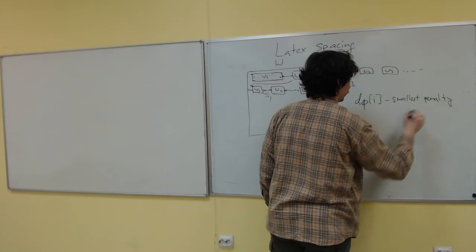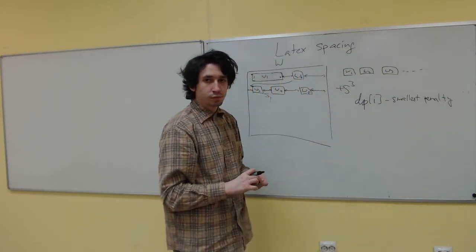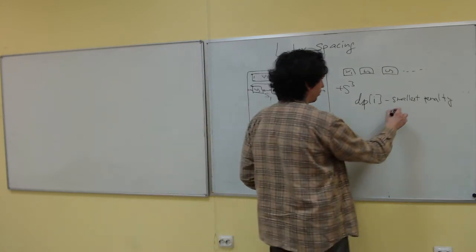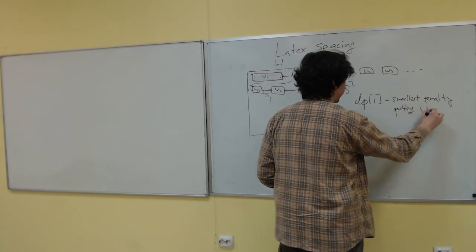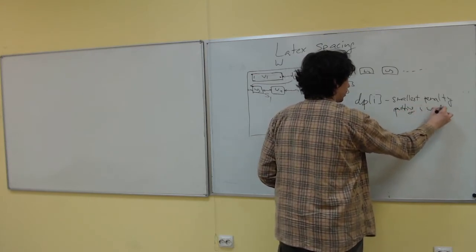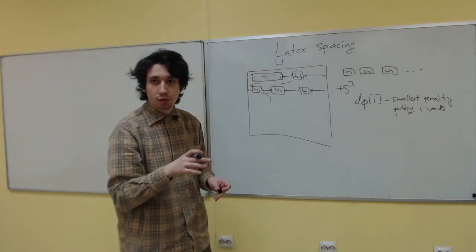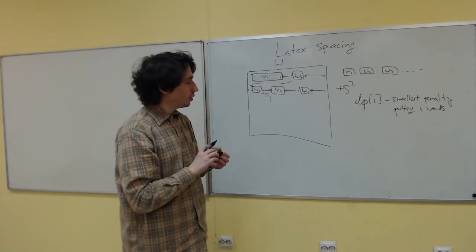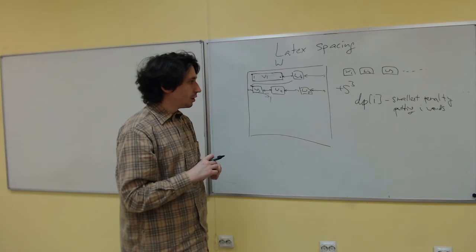Well, the smallest penalty of the words which were before that. Okay, put in i words. Put in i words. So we would think here that's the place where the line stops. Kind of. Yeah.